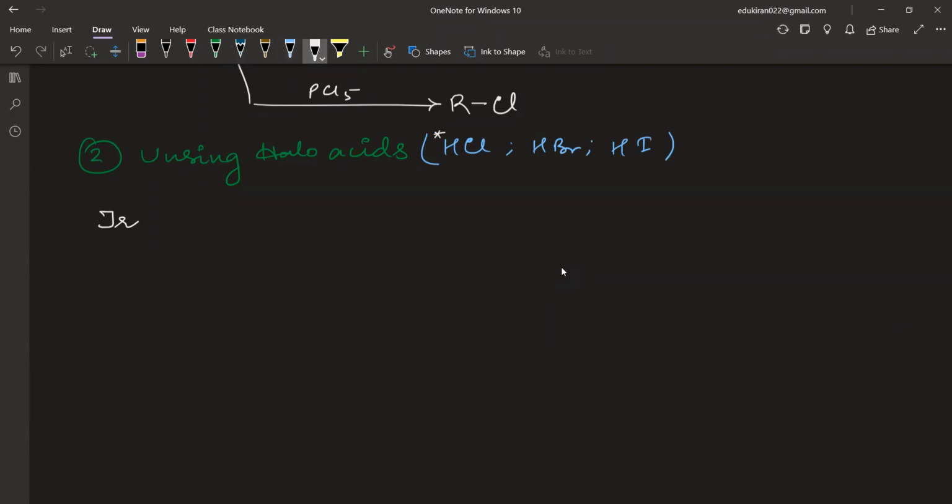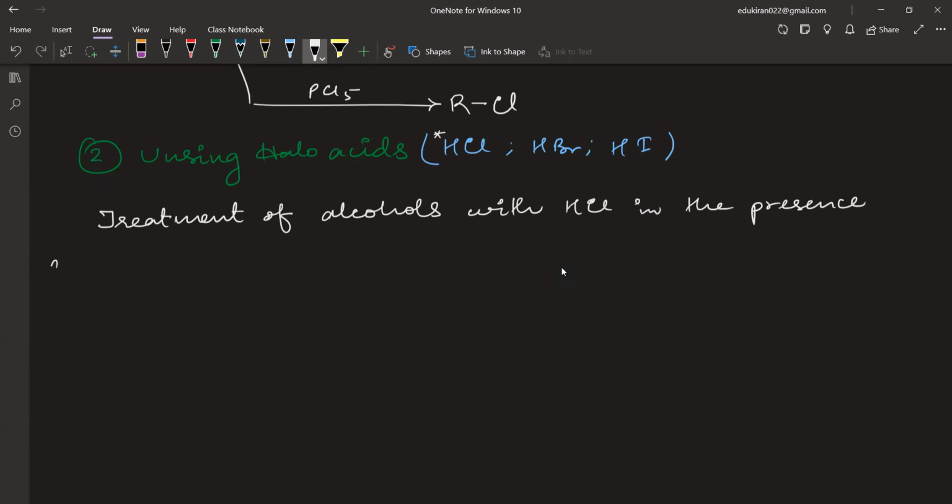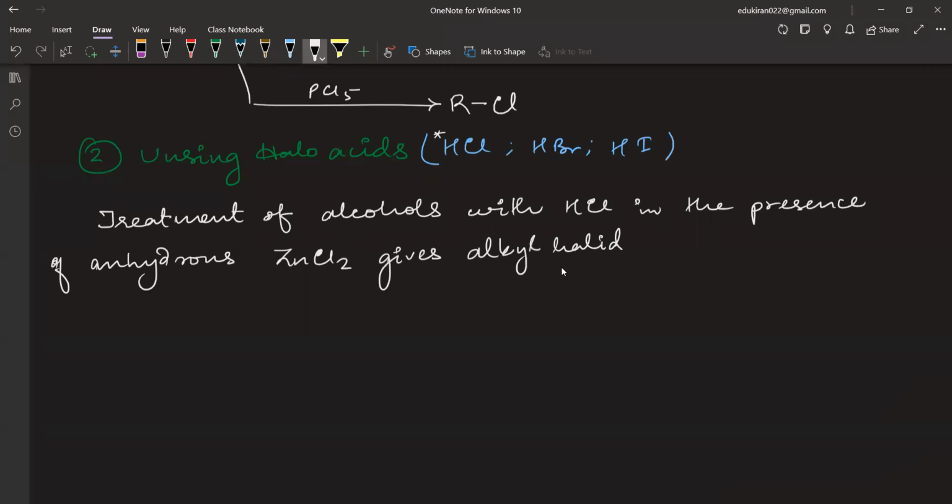Please write with me. Treatment of alcohols with HCl in the presence of anhydrous ZnCl2 gives alkyl halide, that is, specifically speaking, alkyl chloride.